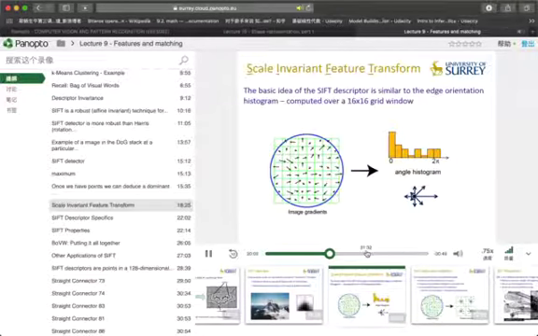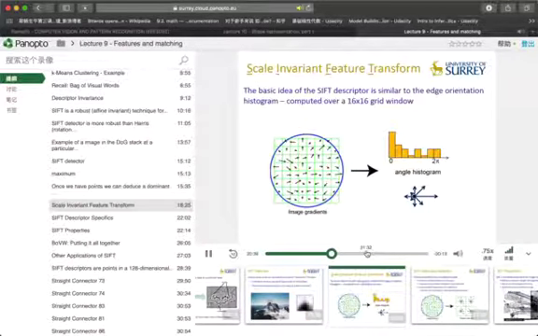Okay, so what we've done is we've taken our little window that we've extracted local to our key points. We've established a 16 by 16 grid around it, and we've computed this histogram within it. To be more specific, we take this 16 by 16 grid and break it up into a 4 by 4, so we group these cells into 4 by 4 groupings.